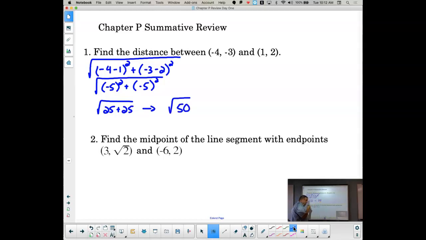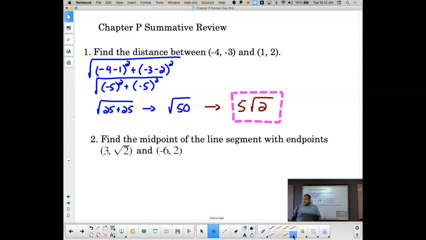So you're probably sitting at the square root of 50-ish, but here in pre-calc we like the square root of 50 because it's exact, but we love 5 square roots of 2 because it's simplified.